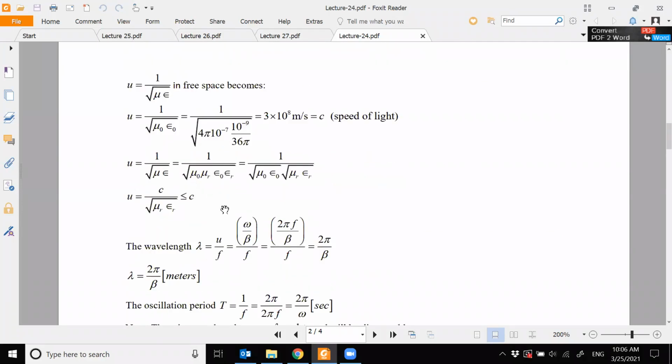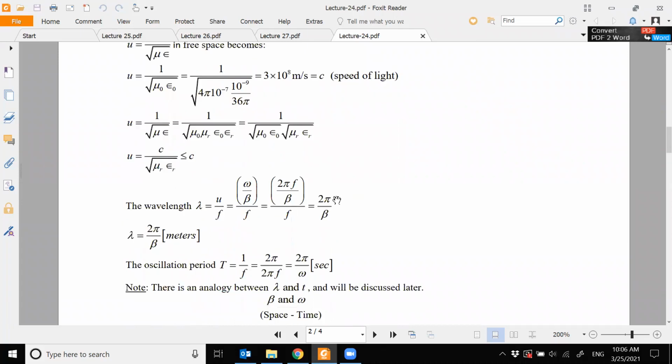Then we did some simplifications, and we got some terms that define the electromagnetic wave, the electric field and the magnetic field, the coupled electric field and magnetic field.